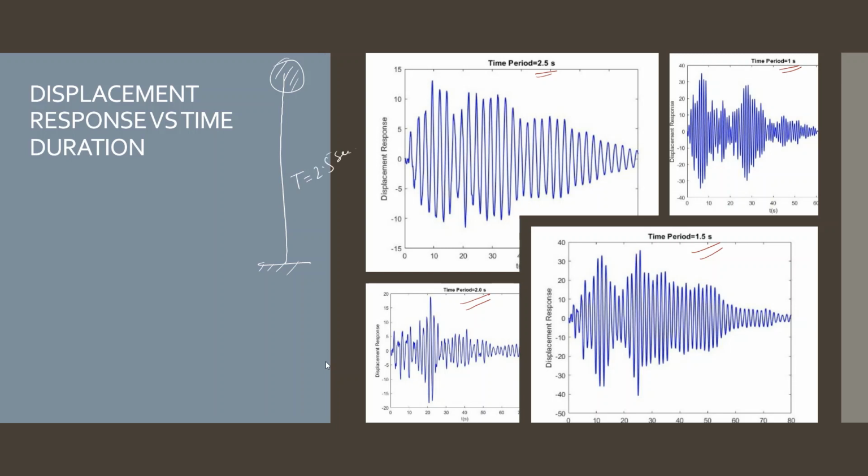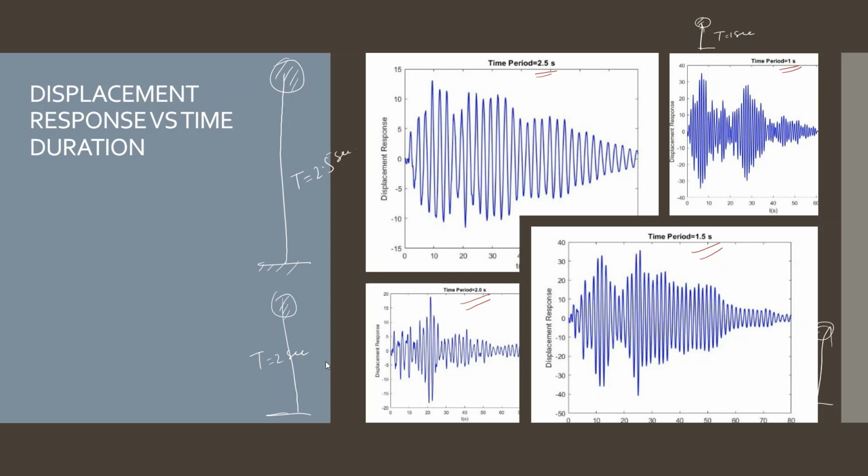Similarly, this building will have a time period of 1 second. This building would have a time period of 2 seconds, and this one is 1.5 seconds. This building will have a time period of 1.5 seconds.